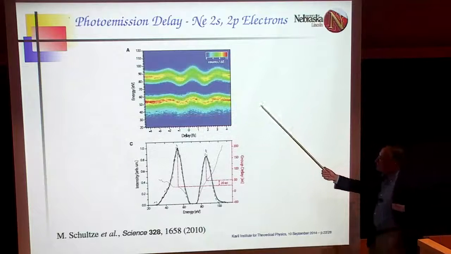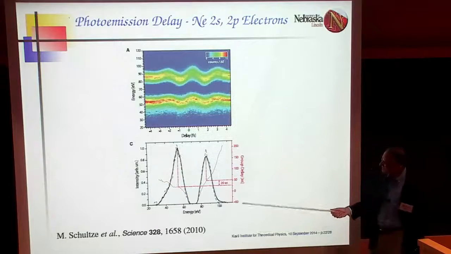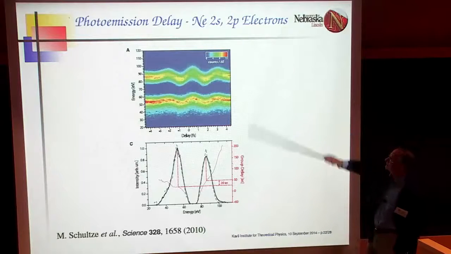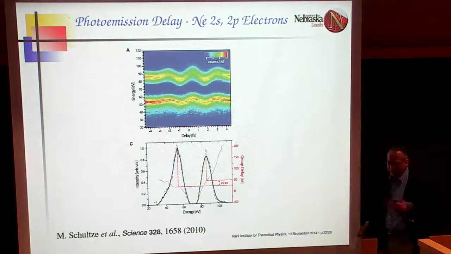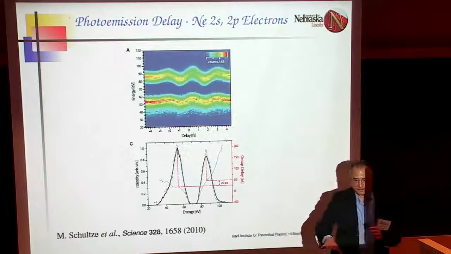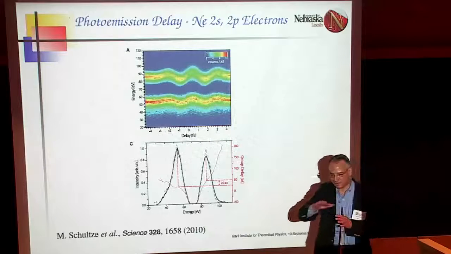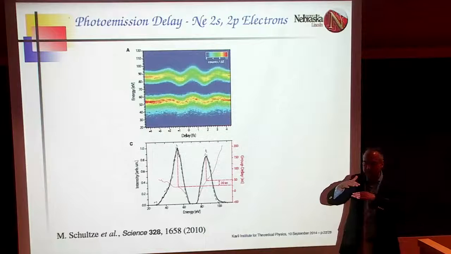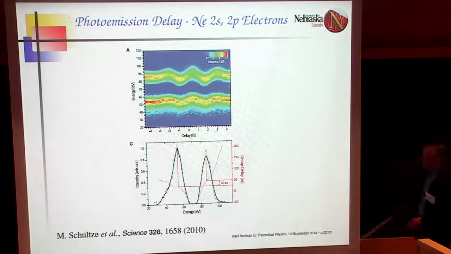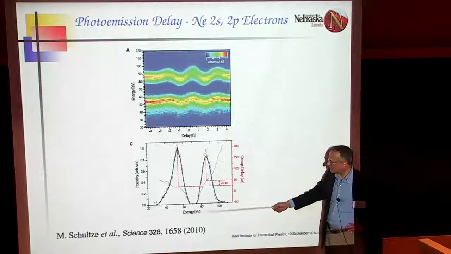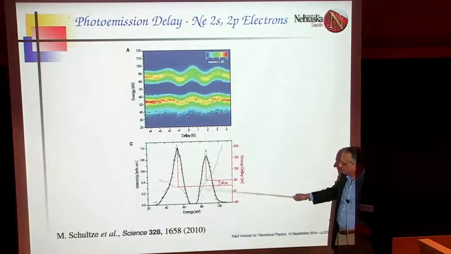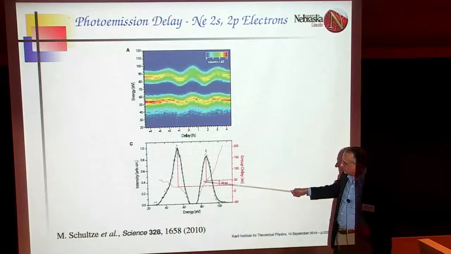Another that's still controversial because theorists can't predict it is to take neon. Neon is an atom with 10 electrons, and one has a shell model of atoms. There's a 1s shell, 2s shell, 2p shell. All you have to know is the 2s and 2p are the outer two shells. They have different binding energies. And what they found was that these are the electrons from the 2s shell, and these are the electrons from the 2p shell.